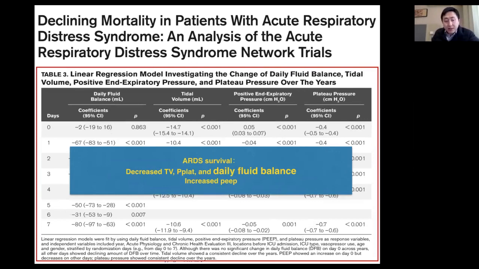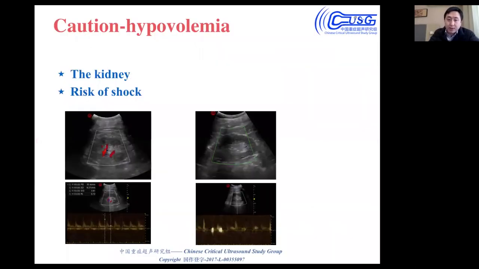Do not give the patient extra fluid, maybe that will increase the occurrence of ARDS.